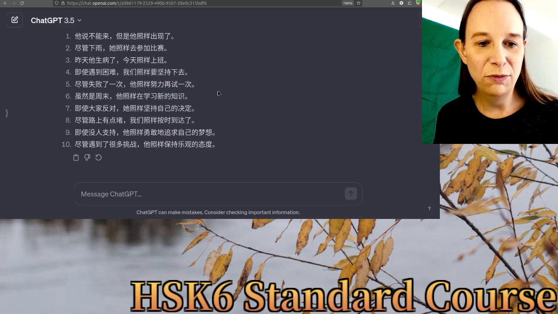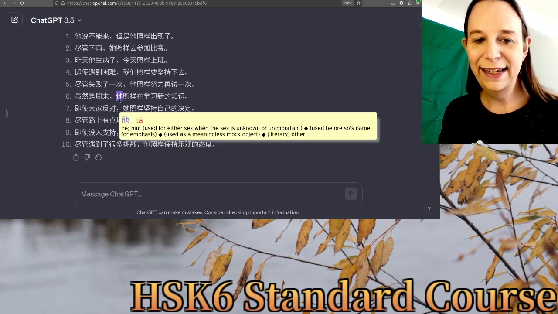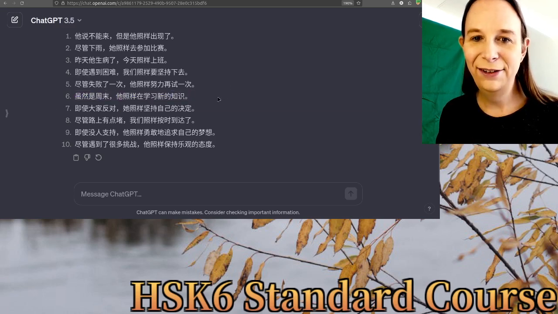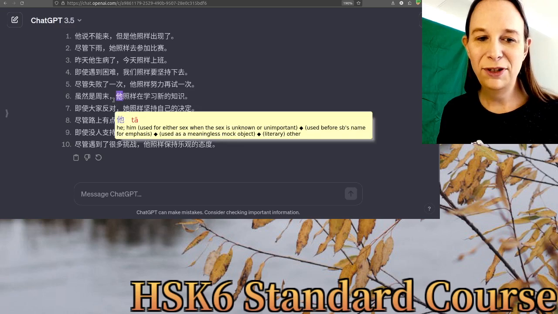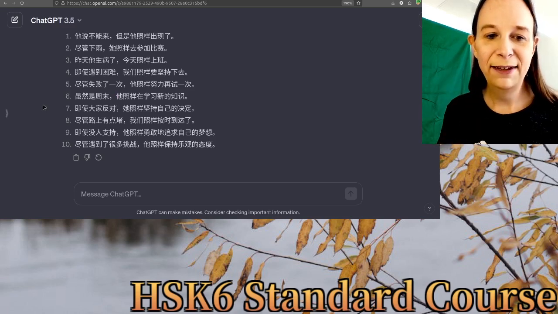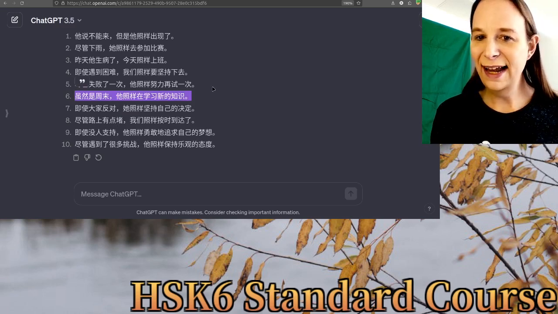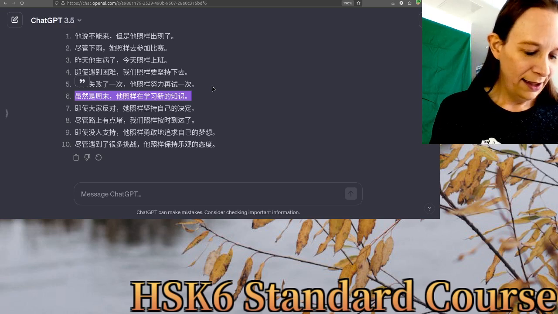虽然是周末，他照样在学习新的知识。Like even though it's the weekend, he's still studying new knowledge. Presumably from the speaker's perspective, people would not study new knowledge on the weekend.